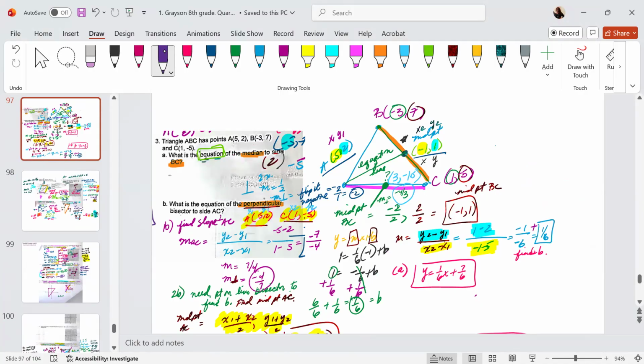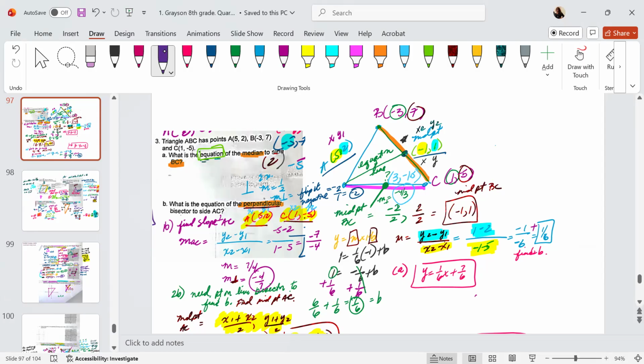So BC, find the slope of AC. Why am I finding the slope of AC? I don't understand. That's what it has. Oh, that's 1A, where that's B. So A is y equals 1/6.